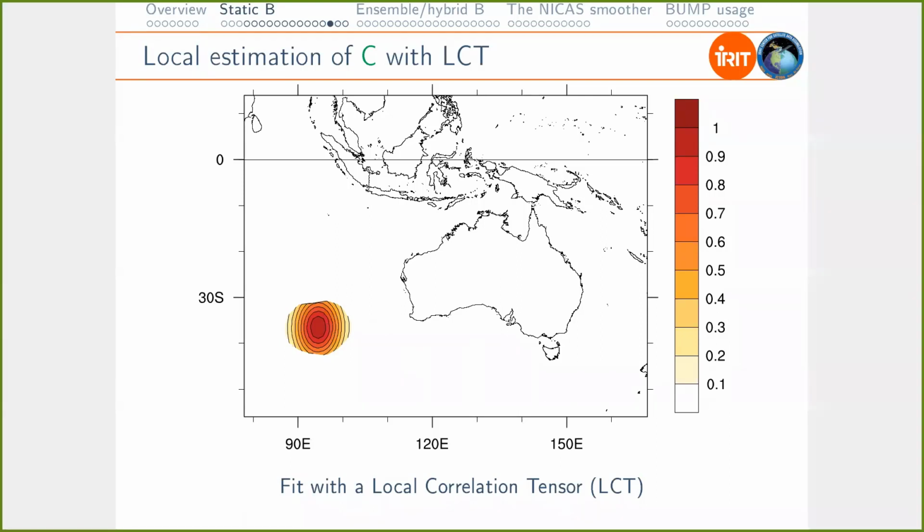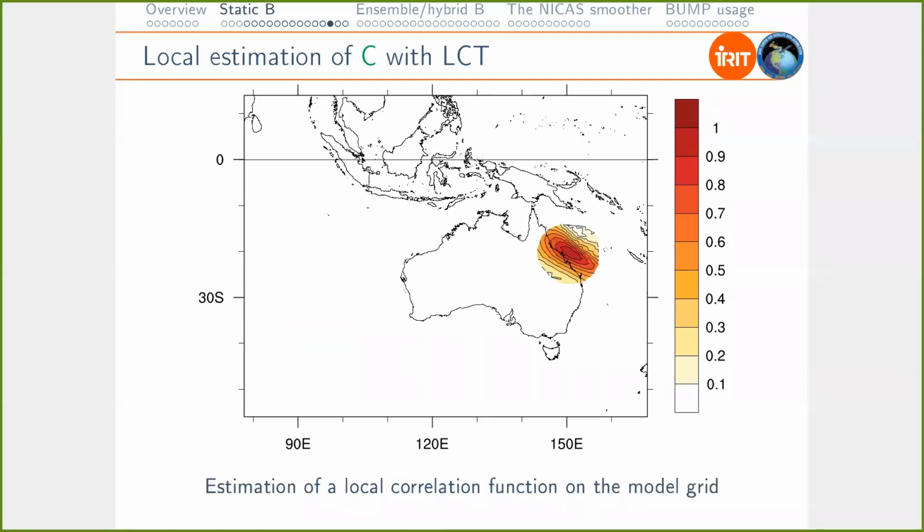This is at one location, but we will do the same at another location. Here it's the rho function, and here it's the LCT. So we can see that we can represent correctly the anisotropy. And we will do that for many points. It's always the same strategy in BUMP. We do that for a given sample of points, and then we interpolate the local correlation components on the model grid.